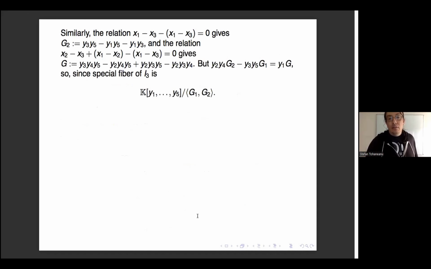But if we calculate, we see that y2 y4 g2 minus y3 y5 g1 is y1 g. And we know that the defining ideal of this special fiber is a prime ideal. So g is in this ideal generated by g1 and g2.